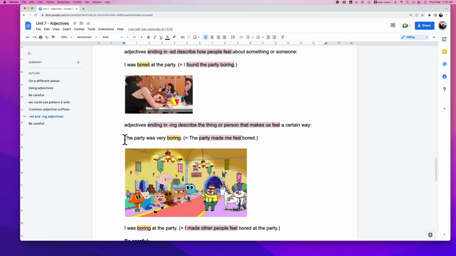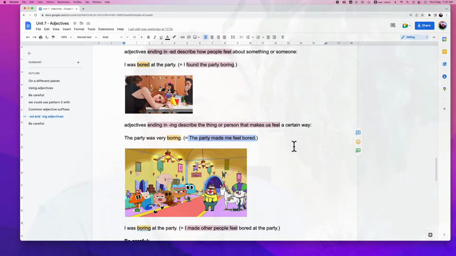For example, the party was boring. It means the party makes people feel bored. So you can tell, an ed adjective simply tells how one feels, and an ing adjective means something or some person makes other people feel that way.